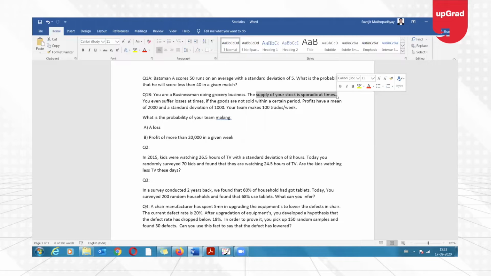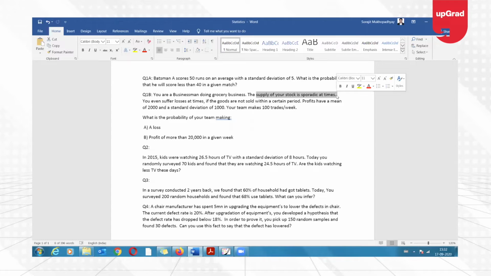Probably they cross expiry periods, which is very regular, especially with dairy products, right? Milk and all those stuff. If they are not sold within a certain period, you cannot sell it again because that's harmful. So you suffer losses at times and you make profits also.